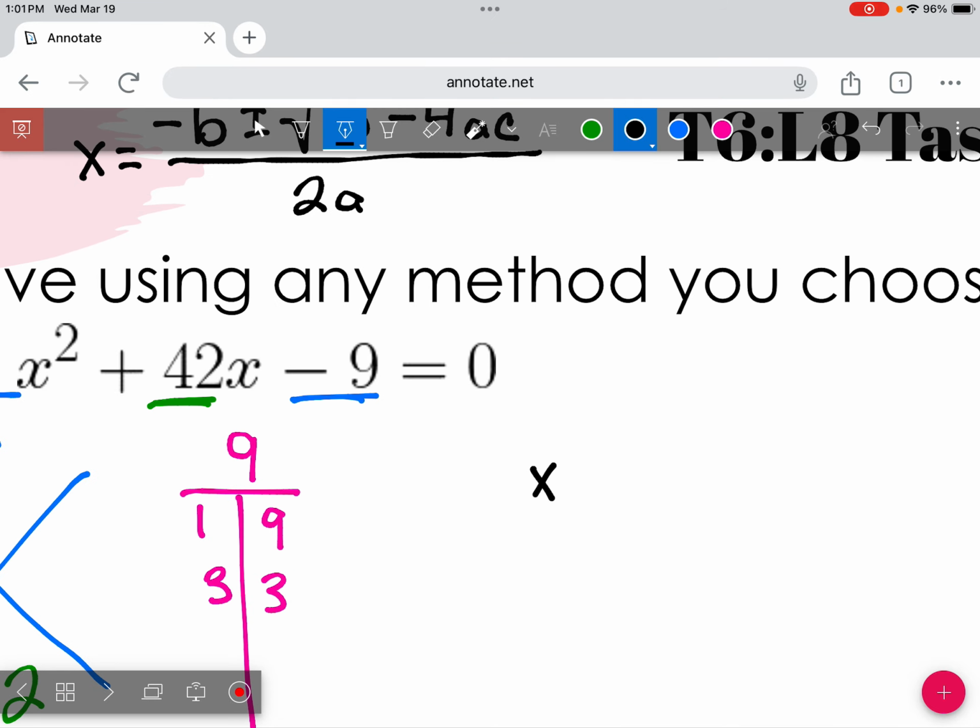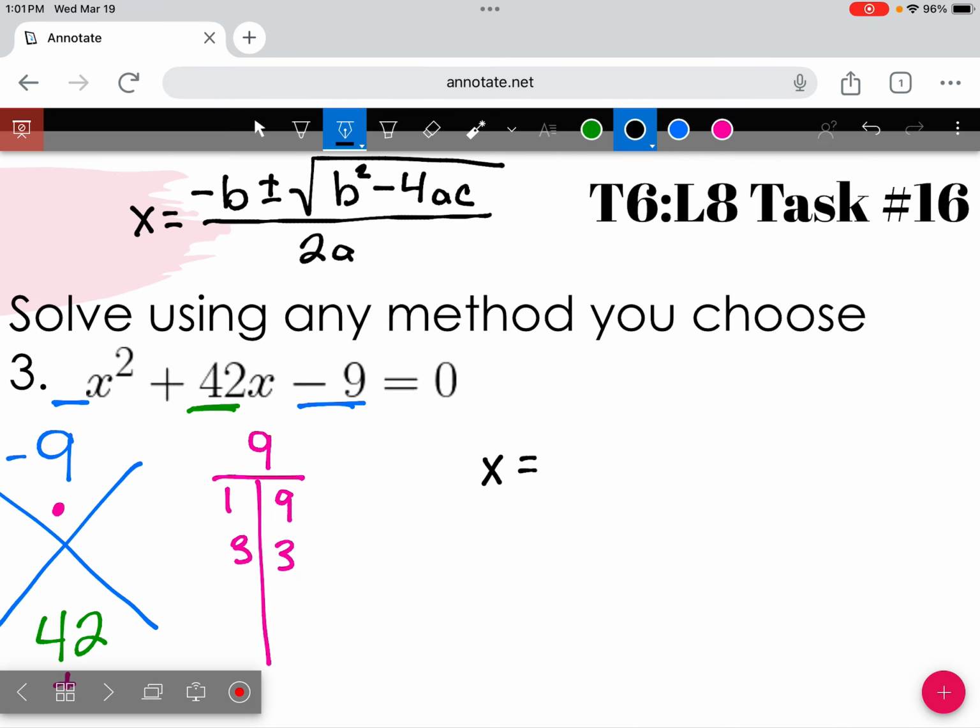So we can set this up, and when we're doing our quadratic formula, it is very, very much a plug and chug situation.